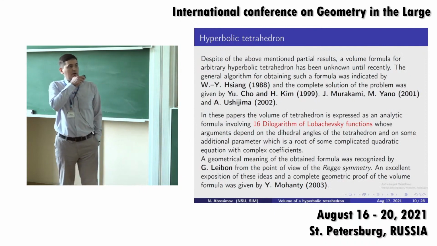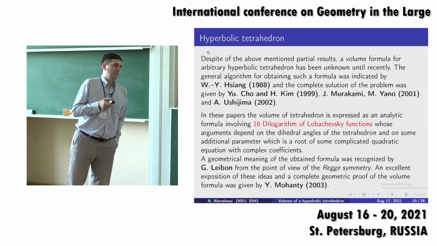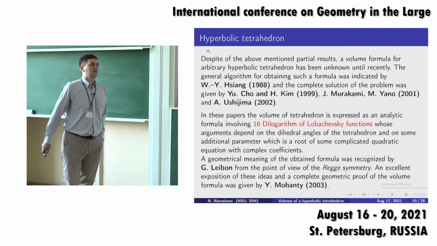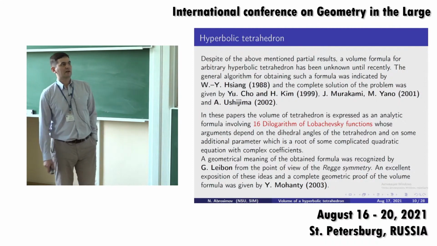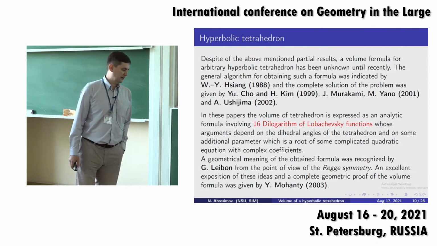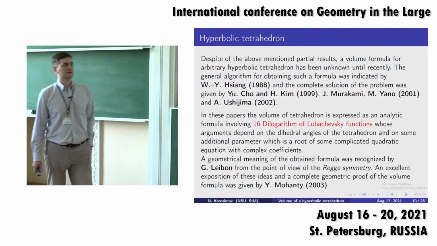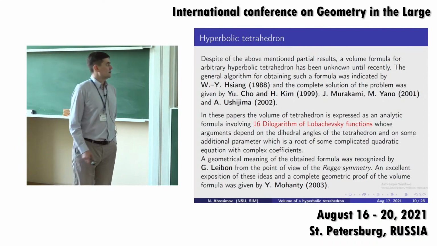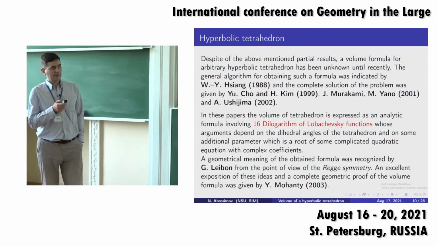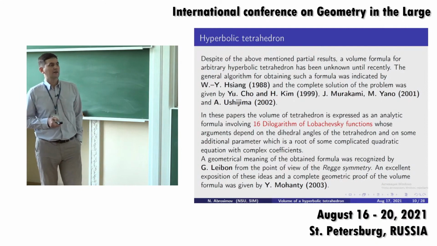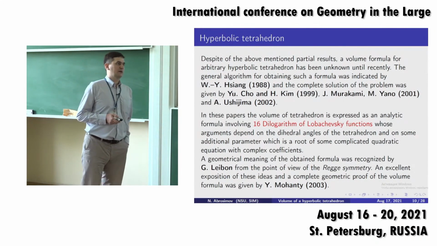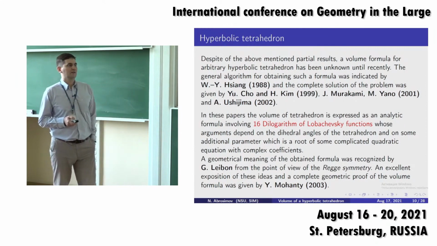Despite the above-mentioned very important but still partial results, a volume formula for an arbitrary hyperbolic tetrahedron was unknown till very recently. The general algorithm for obtaining such a formula was indicated by Xiang in 1988, and the complete solution of the problem was given by Cho and Kim in 1999.